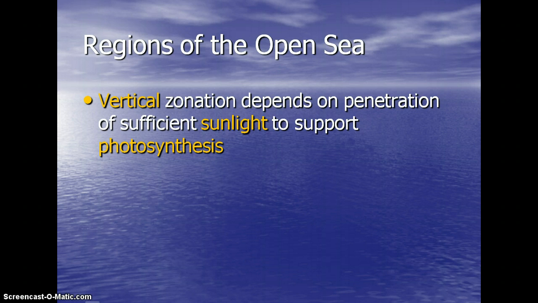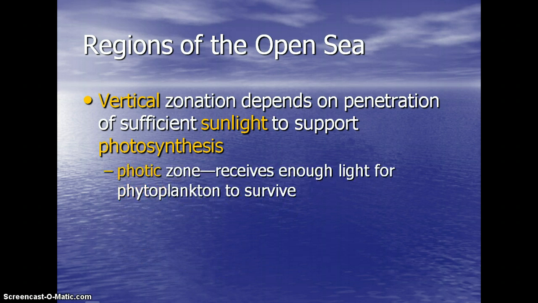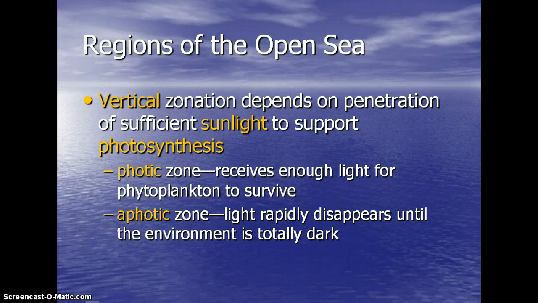So the top layer of the ocean, where there is enough light for photosynthesis to occur, is called the photic zone. Underneath that is the aphotic zone. That is where light rapidly disappears until it's completely dark, and there's basically a lot of stuff that lives down there, but we will start talking about that next cycle.